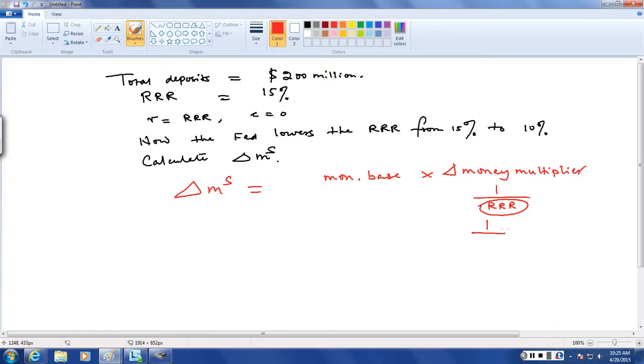It used to be 1 divided by 0.15, is that correct? And it becomes 1 divided by 0.1. Is that right? So what is the change then? Can somebody with a calculator do this?